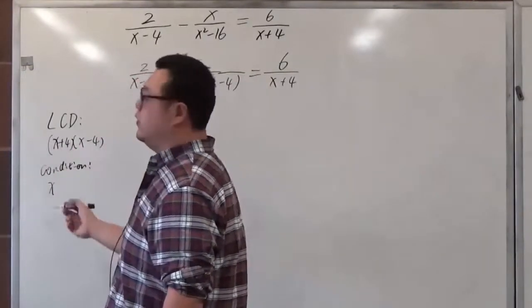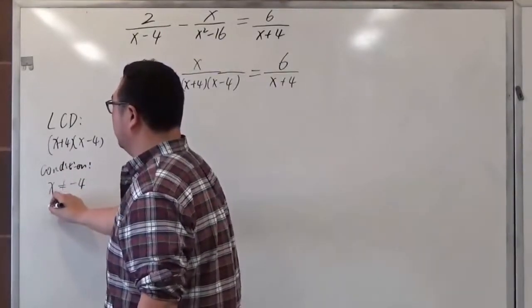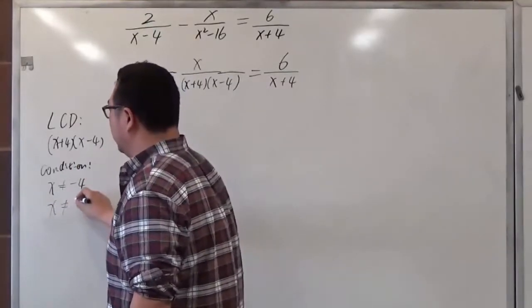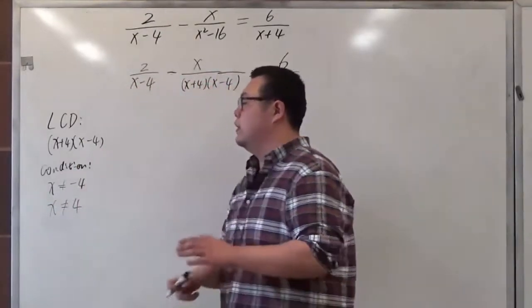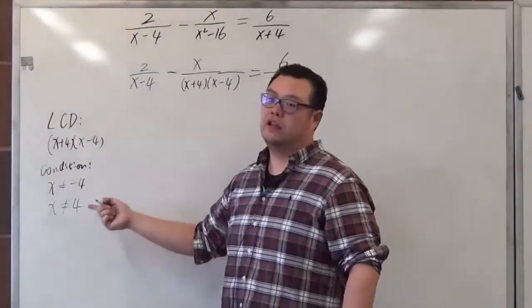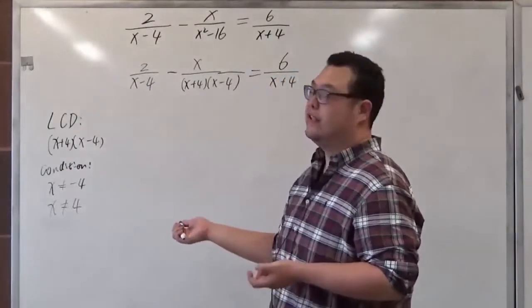So x plus 4 cannot be 0, and the number that makes x minus 4 equal 0 is also not valid. So we should not take x to be negative 4 or positive 4. Those two are the conditions here.